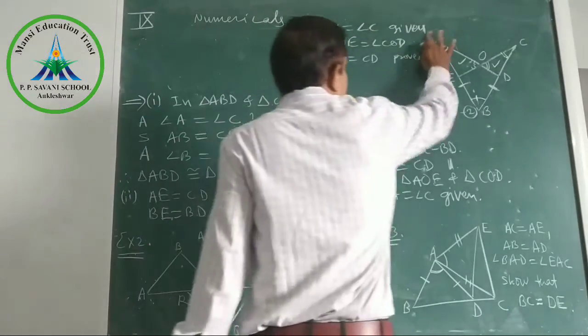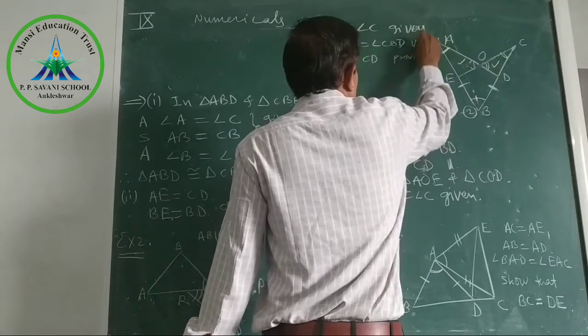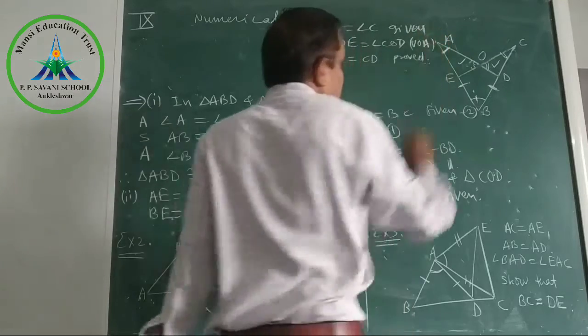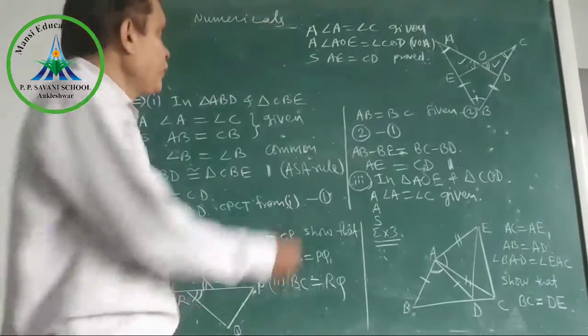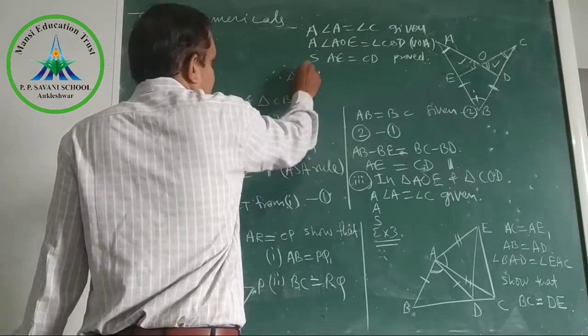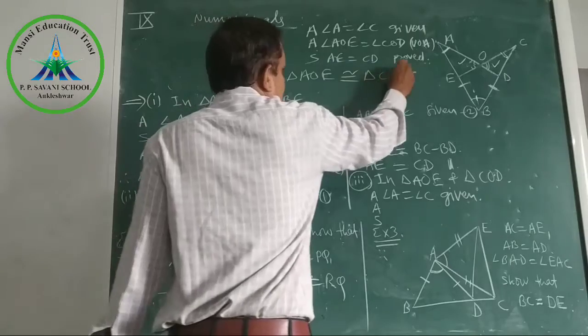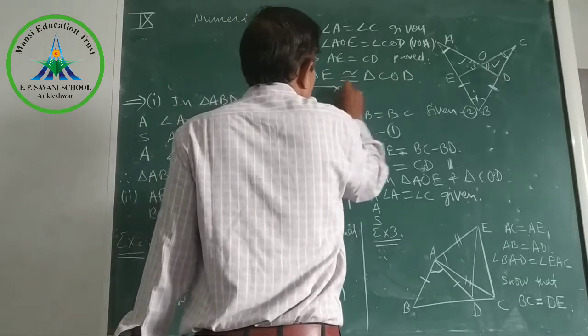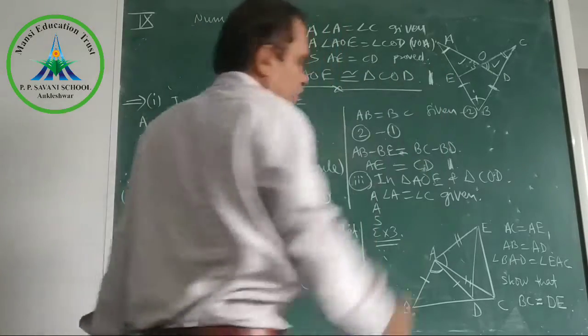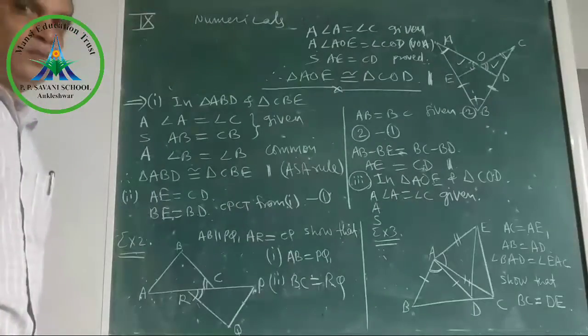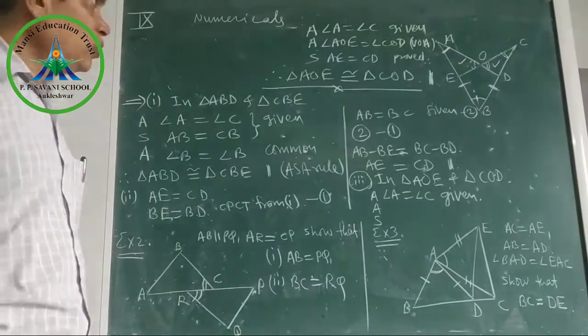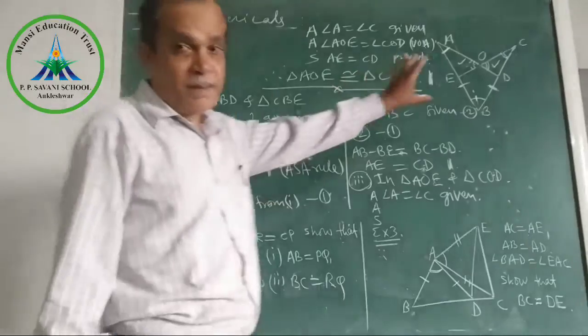And here we can write vertically opposite angles. Okay, and therefore triangle AOE congruent triangle COD. Hence true.